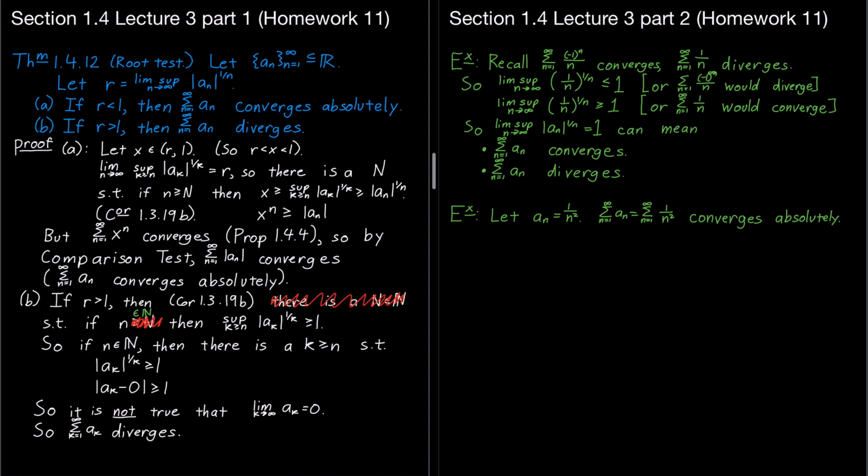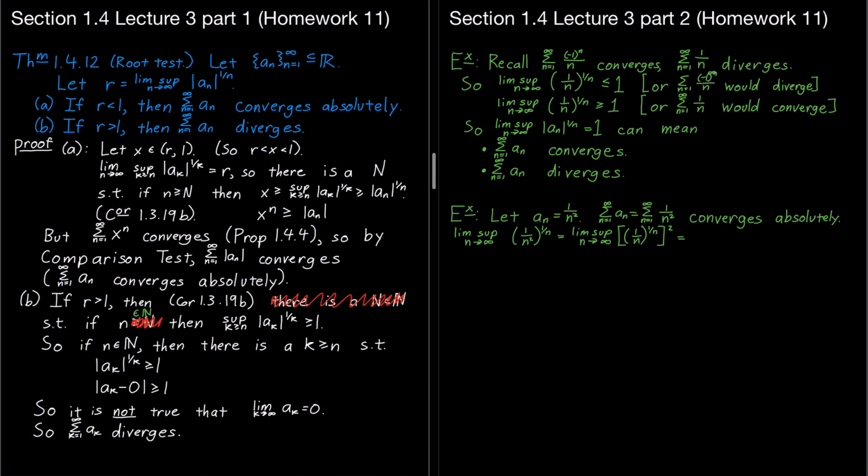And the lim sup of (1 over n squared) to the 1 over n, as n goes to infinity, is the limit of (1 over n to the power of 1 over n) quantity squared.